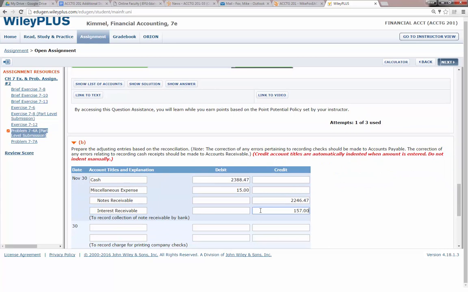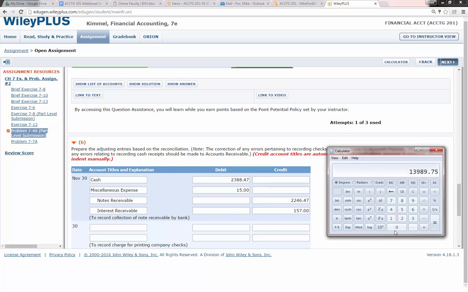If we want to, and we should, we can add this up and make sure our debits and our credits balance. So 2388.47 plus 15 is 2403.47, and 2246.47 plus 157 is 2403.47. So there's our first adjustment.